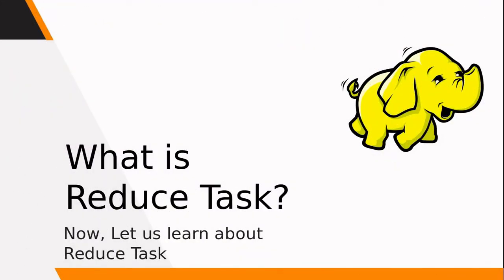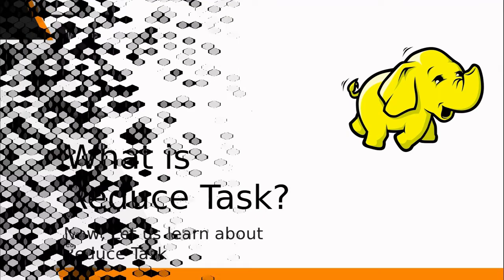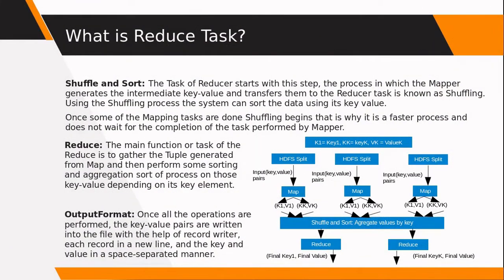Now let us learn about reduce task. Shuffle and sort. The task of the reducer starts with this step. The process in which the mapper generates the intermediate key values and transfers them to the reducer task is known as shuffling.